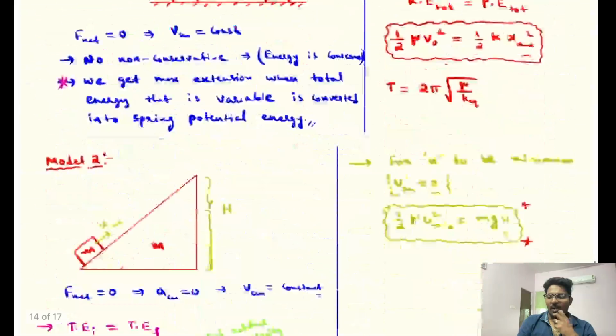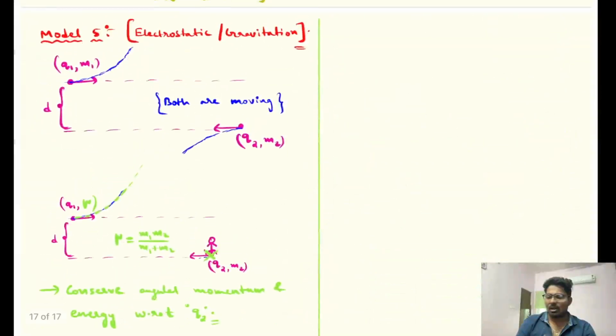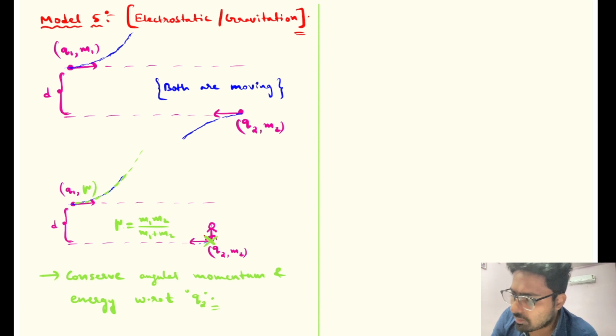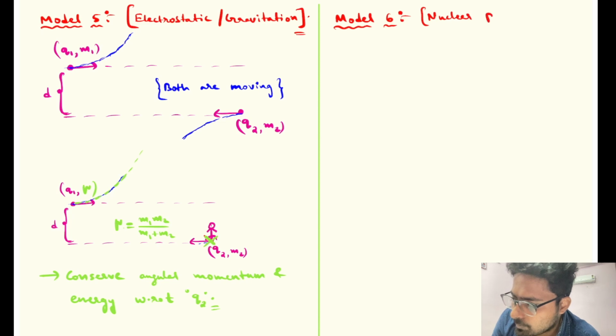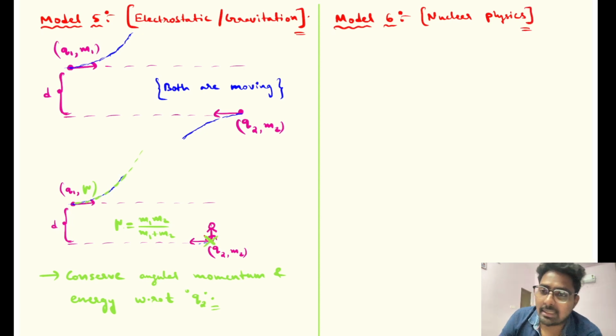And the final model I want to take up is model number 6. The final model, model number 6, is nuclear physics. Let us see how the questions came.